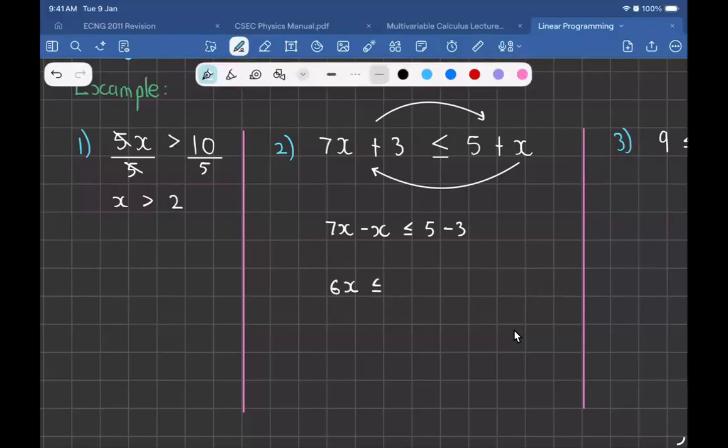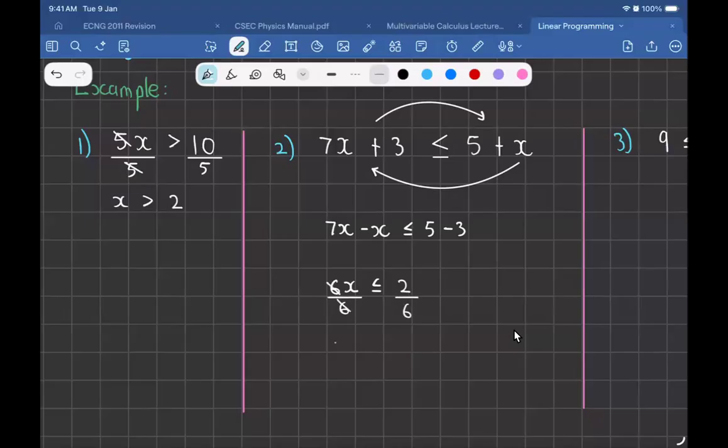What is 5 minus 3? 2. I want to find x. What would I have to do on both sides? Divide by 6. Yes, you're correct. Divide by 6.